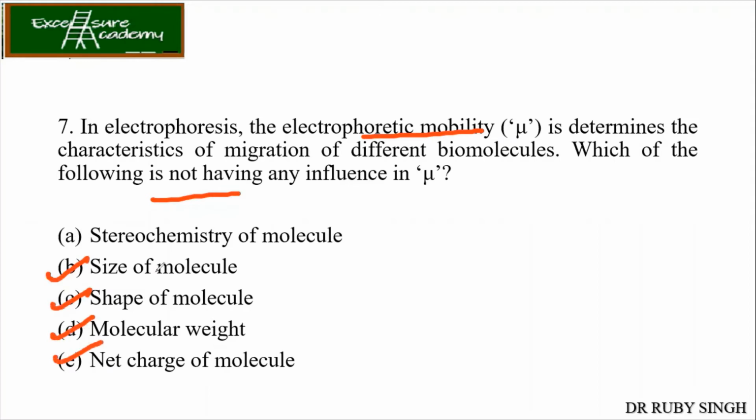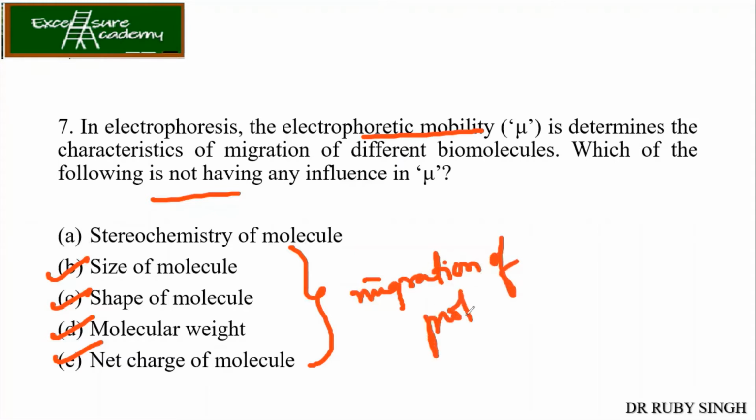If you remember, all these are actually responsible to affect the migration of your protein, right? So all these are going to affect the migration of protein. What is not going to affect is the stereochemistry of the molecule. Hence, the answer over here is the stereochemistry of the molecule. It is not having any influence on the electrophoretic mobility.